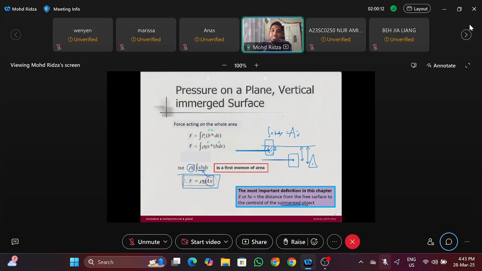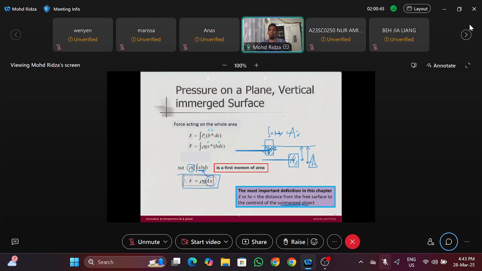If you understand this, then it's going to be easy. x bar or hc. What is A? For the triangle, the area is the whole triangle because the whole thing is submerged. For this one, we only take the submerged part, because it's hydrostatic force. The part above is not submerged, so it's not subjected to hydrostatic force. So the area is only the submerged part.